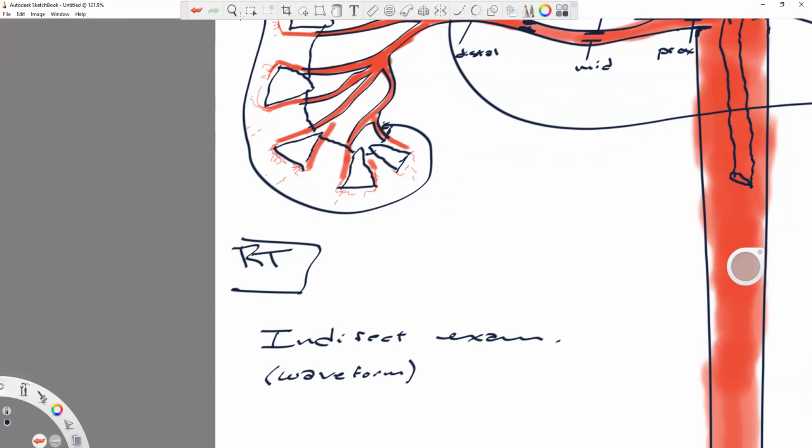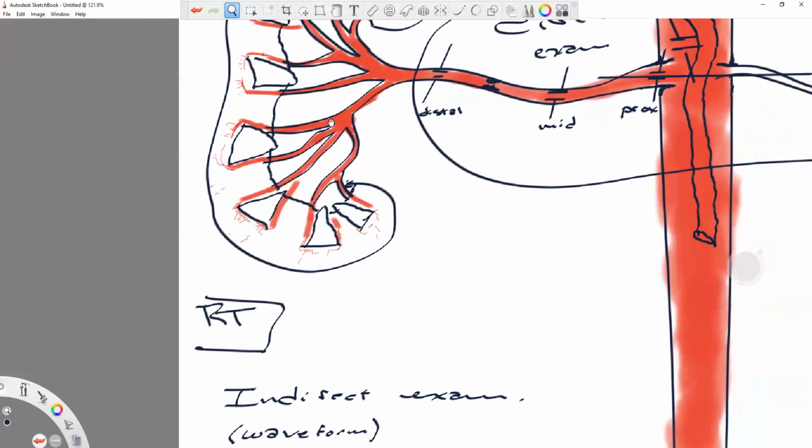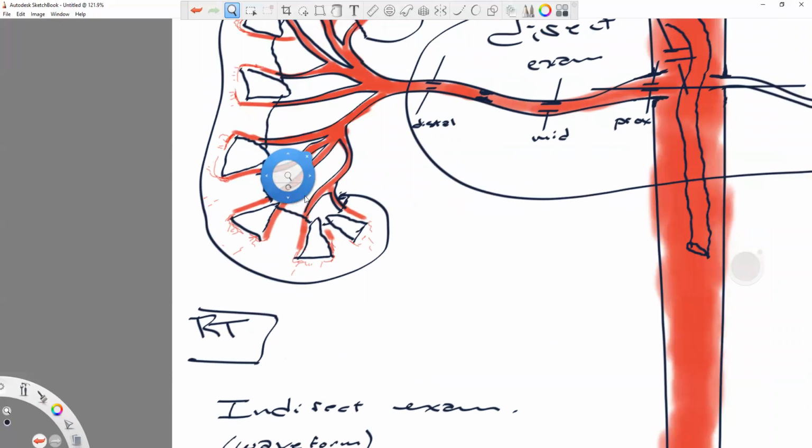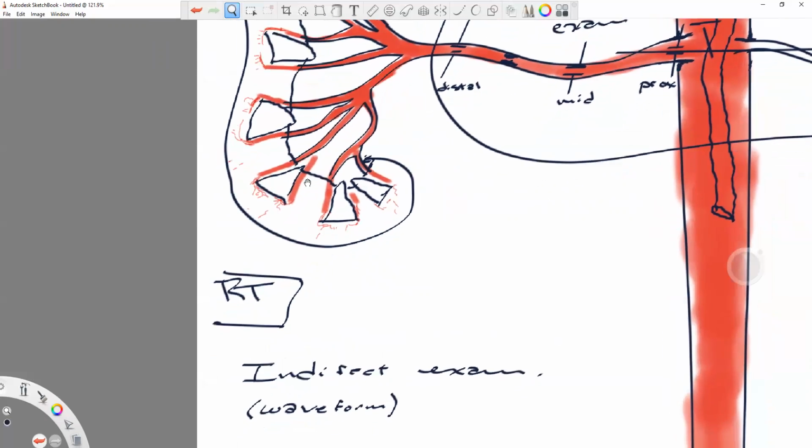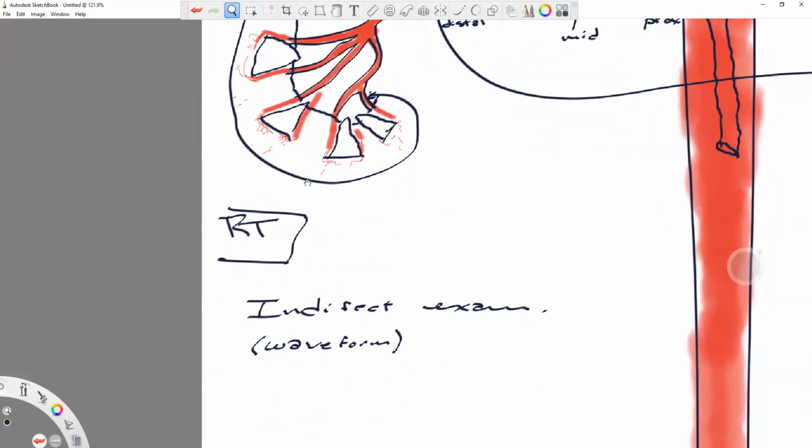Once again though, unless you're using your segmental arteries in your direct exam, which you probably shouldn't be, the angle correct is not important because velocity is not recorded. Velocity not recorded, so we don't care.